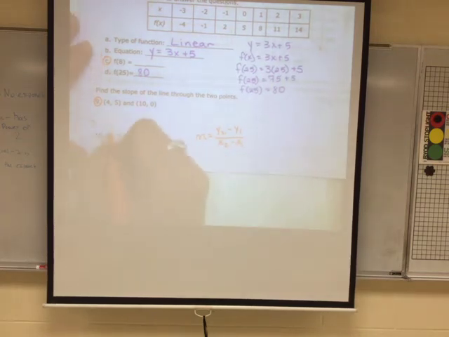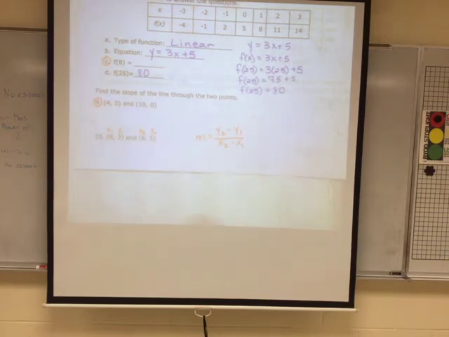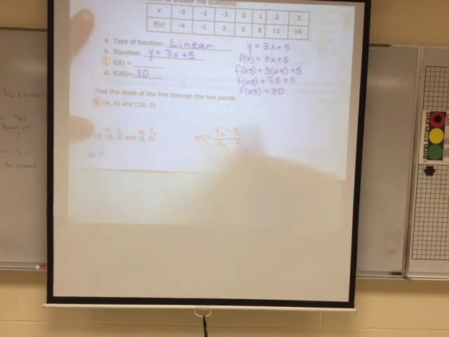So I'm going to label my points. I have x1 and y1, x2 and y2. Remember, it's really important: it doesn't matter which point is 1 and which point is 2, but x1 and y1 have to stay together, and x2 and y2 have to stay together. So now I can substitute into my equation. My slope, m, equals 5 minus 3 over 6 minus 6.